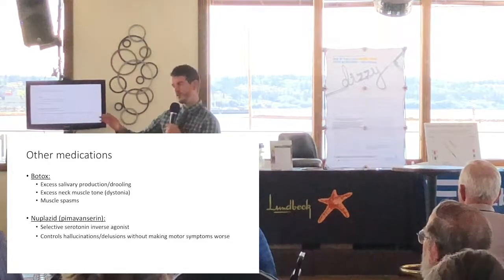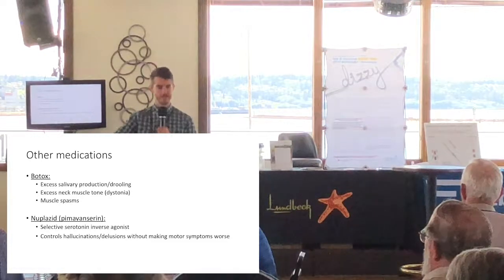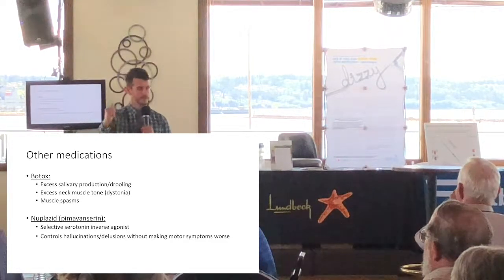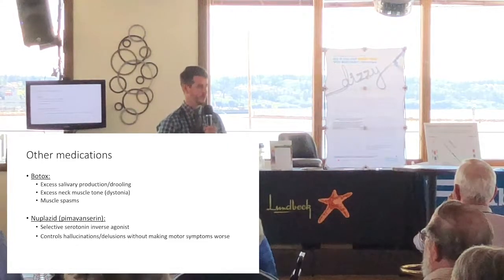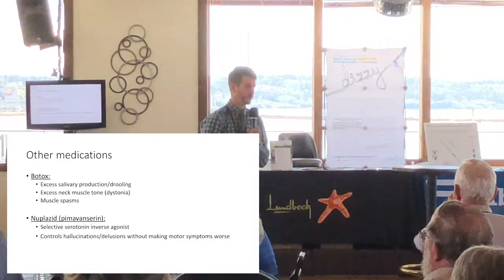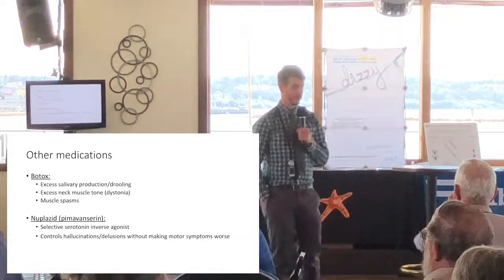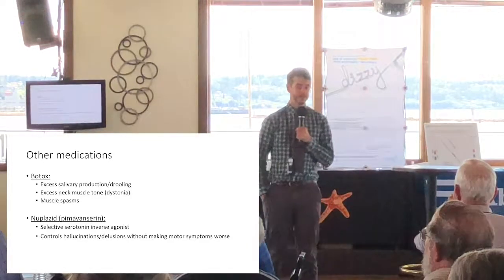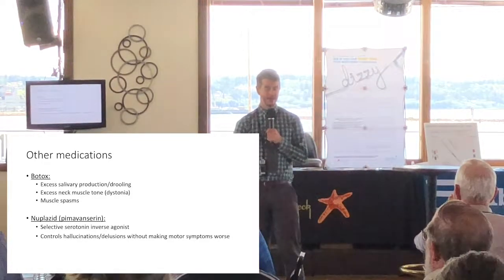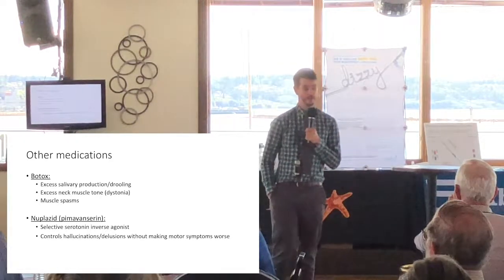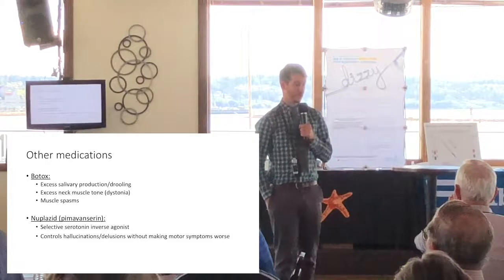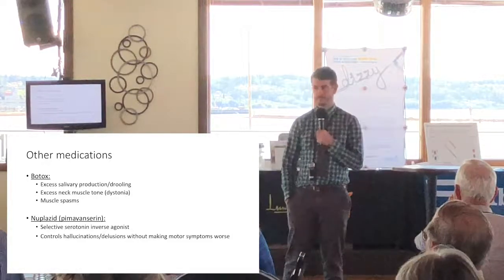And there's another medication that I just wanted to put in here too, because I know this is mostly about the motor symptoms, but one of the new medications that I get a lot of questions about is this Nuplazid, or pimavanserin, which is for the treatment of hallucinations in Parkinson's disease. The reason this medication is kind of new and interesting is because it doesn't work on dopamine like a lot of the typical antipsychotic medications that we used to use.